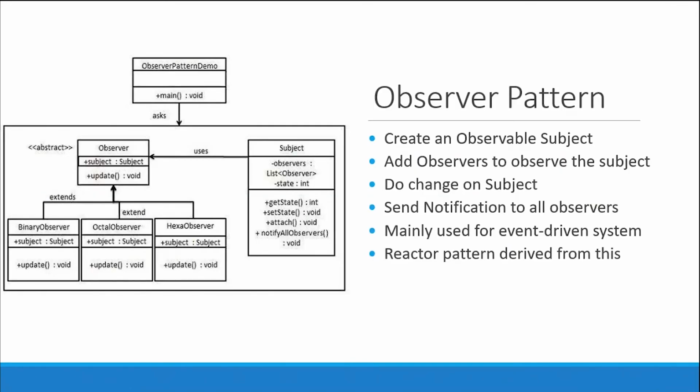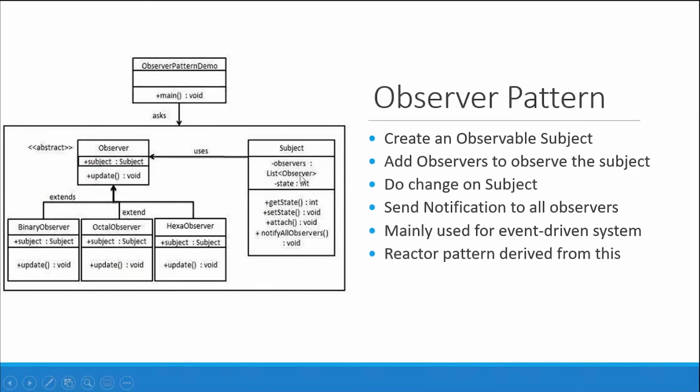So before going to reactive, I want to give a brief on the observer pattern. Reactive programming is based on this observer pattern and moves to a reactive design pattern. In the observer pattern, normally we have a subject and there are some observers. You can say the subject is like music and the observers are like ears.